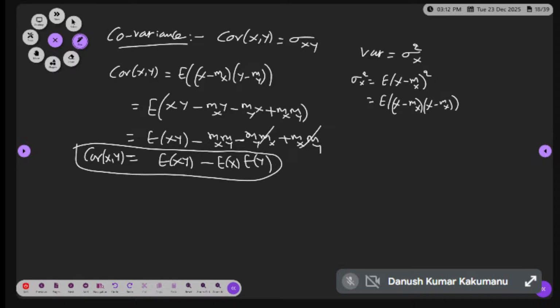Now tell me, if I put y equal to x, what happens? Covariance becomes E of x square minus E of x whole square, which is nothing but the variance.